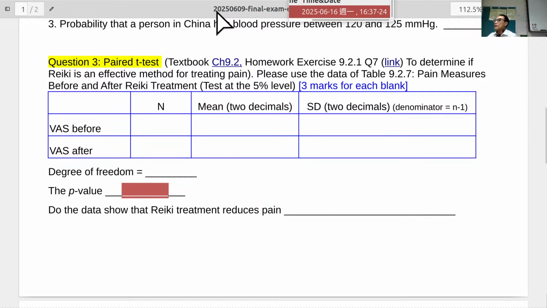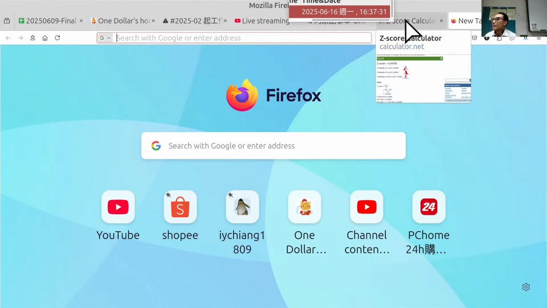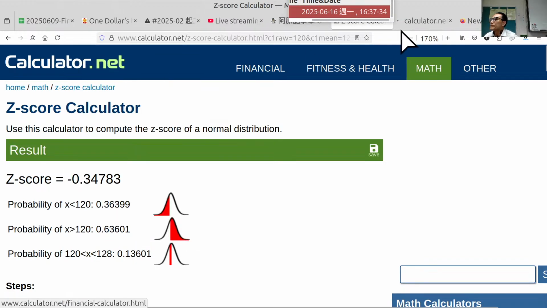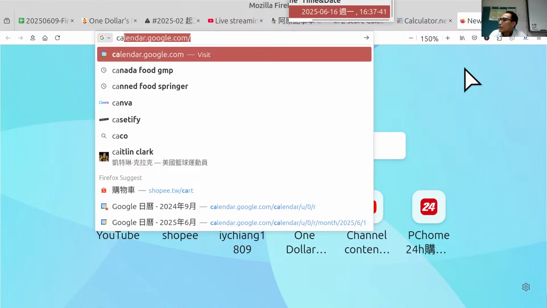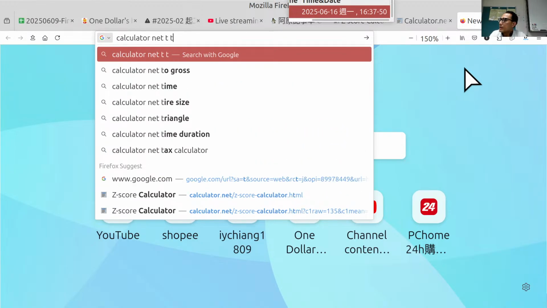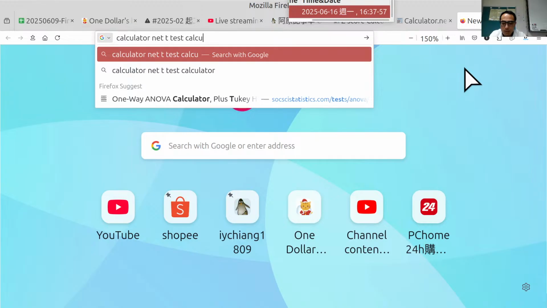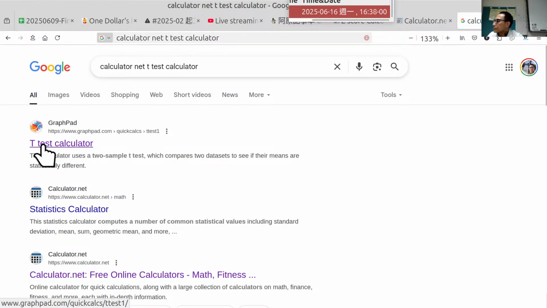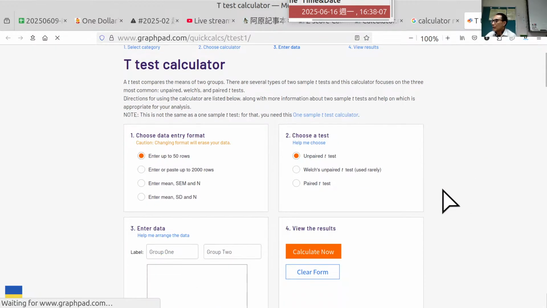The p-value, if you use this one, is not easy to calculate. I will suggest another one for you. Yeah, you can use this one, t-test calculator.